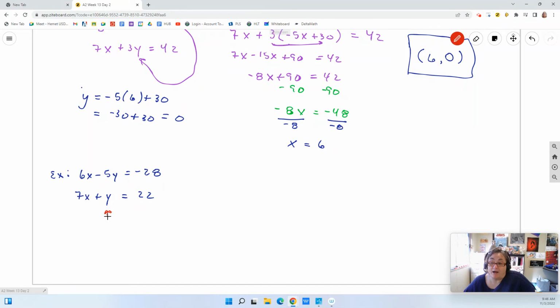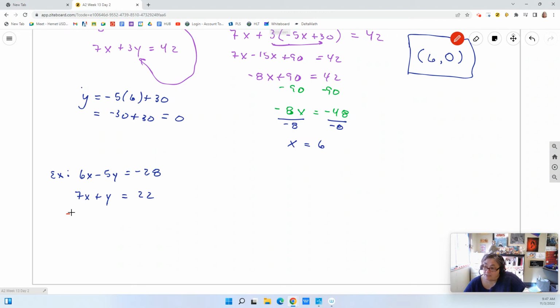Because there's nothing on that y. I could definitely get that to be a y equals something fairly easily, right? Because the only thing I have to do to make that y equals is to move over this 7x, right? So that's the problem I'm going to work with because there is nothing in front of that y. I'm always going to look for a problem like that that's really easy to get by itself because I'm lazy and I don't want to do extra work if I don't have to, right?